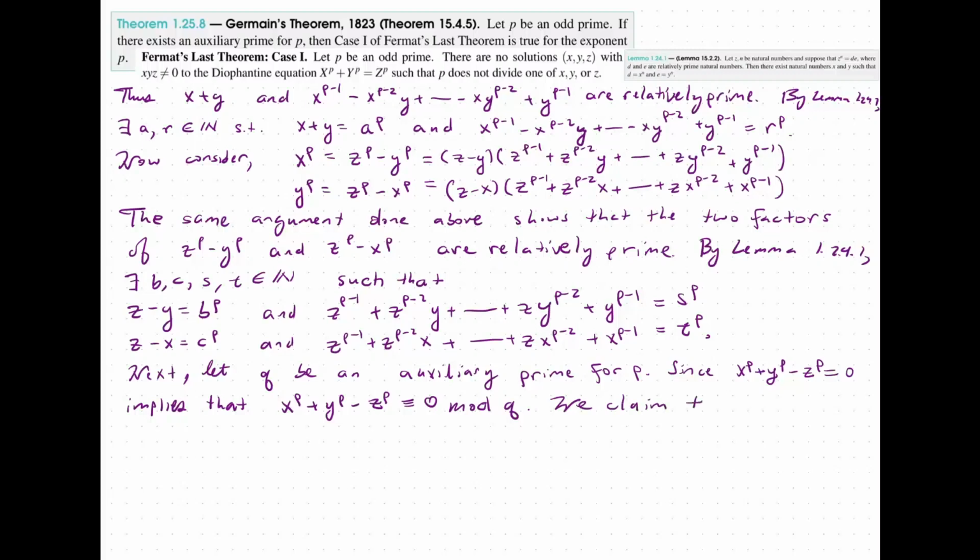So now we claim that q divides x, y, or z. And we are going to approach this in the same manner that we did the previous claim. We're going to do a contradiction argument.